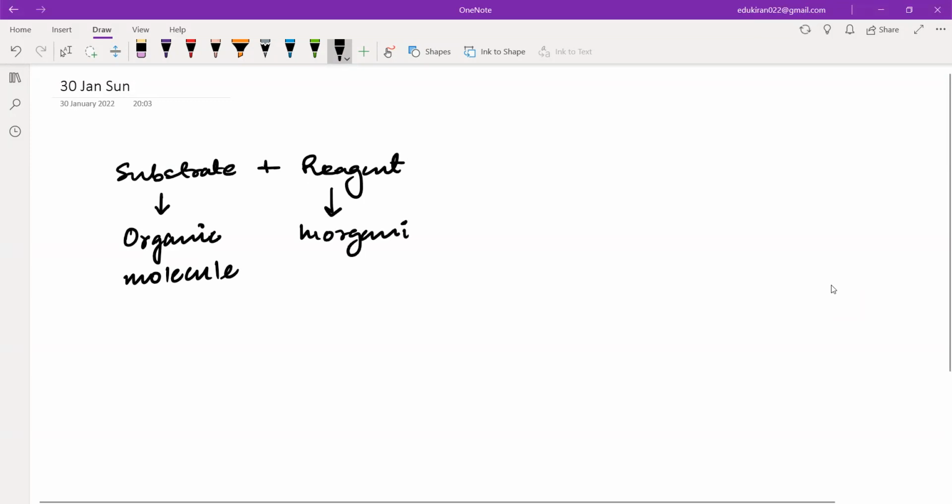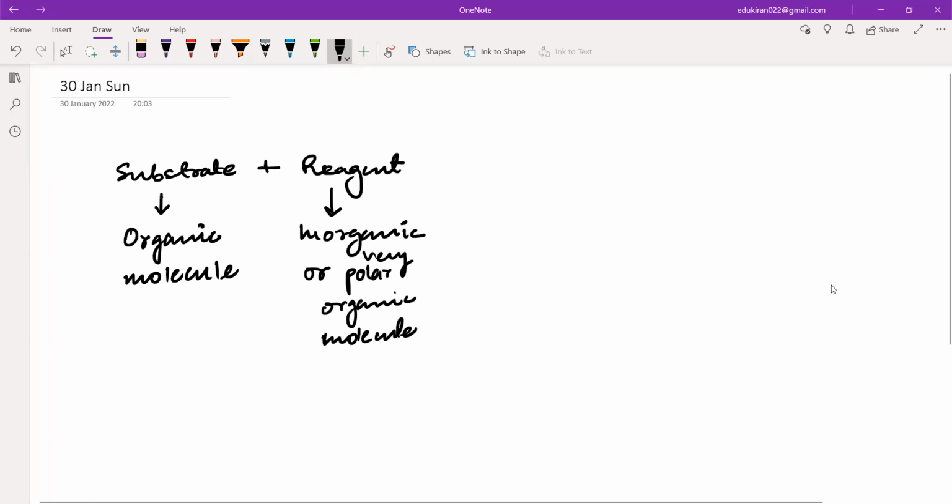Most of the time it is an organic compound, or it can also be an organic compound but with a high electron density. Okay, that means a very polar organic compound or molecule, so much so that it can also have some partial charges and sometimes even a complete charge.